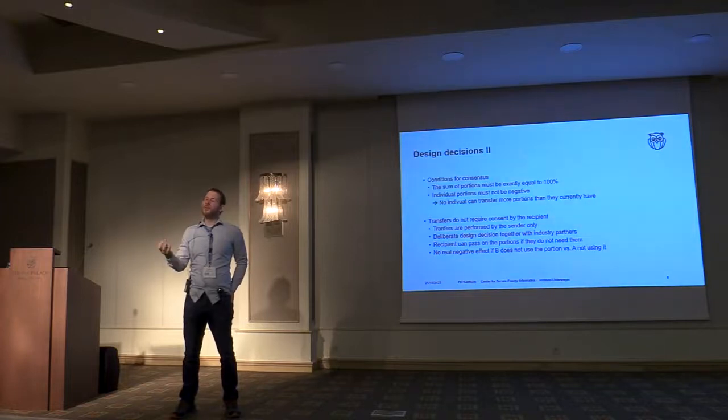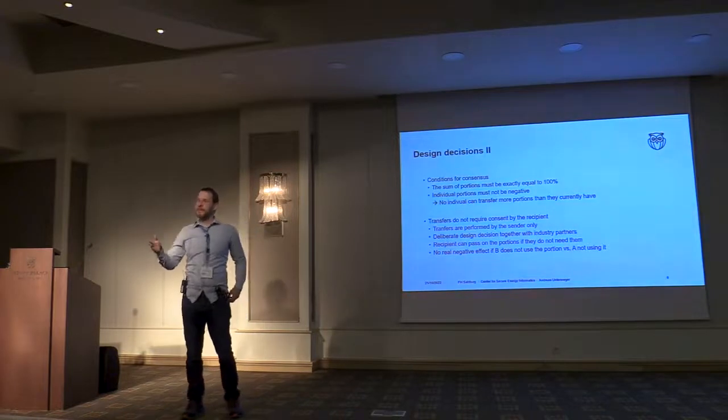They have no possibility to refuse, because in the end, there is no negative effect if they don't use it. It will have the same effect basically if I don't use it or they don't use it, because at the end of the year there will still be a certain tariff that is to be gotten from the electricity provider for the excess energy that is put into the grid.